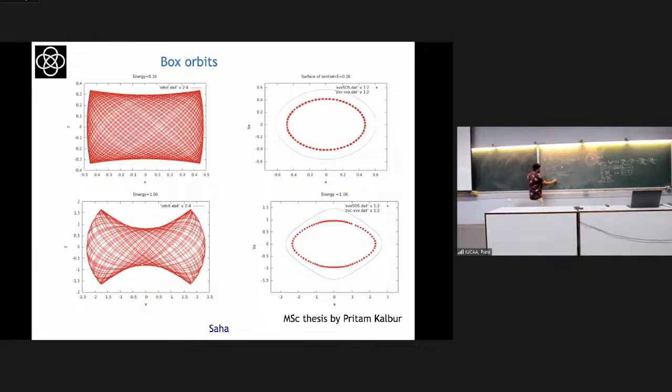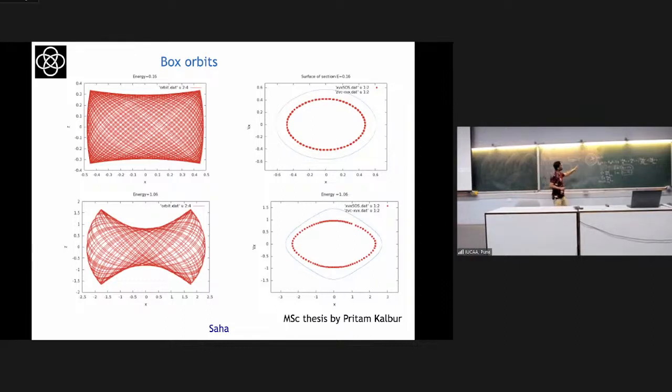In a Kepler potential, you can take it as a task to derive, very simple, if you estimate these, they will all be the same. And in any other potential, they will be different.